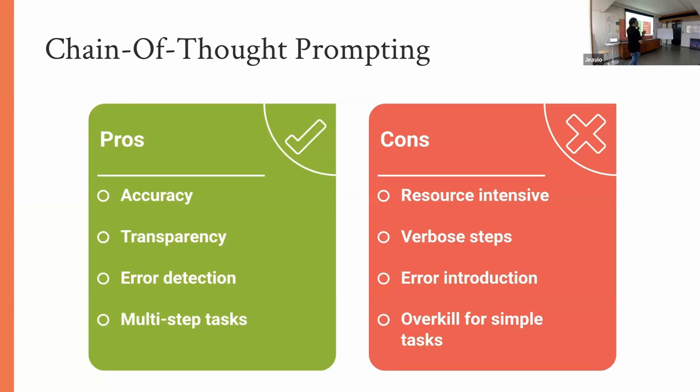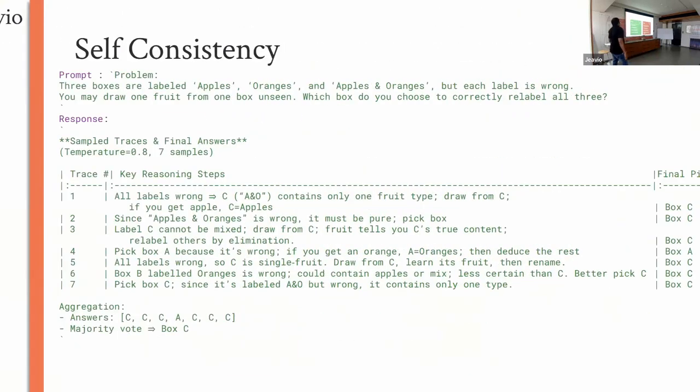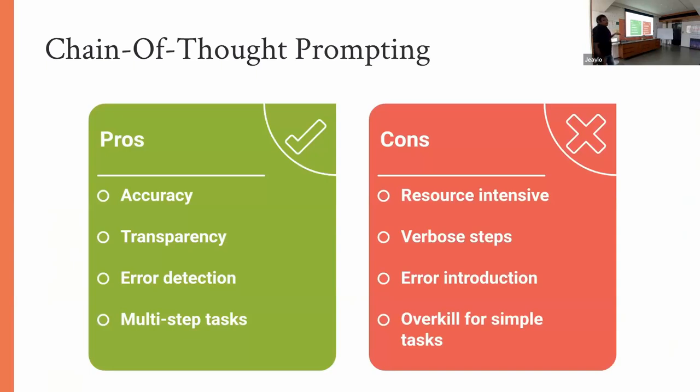Error detection is also easier, because you will see all the steps the LLM executed, so debugging that step is easier as it is visible. And as mentioned, this is used for executing multi-step tasks.